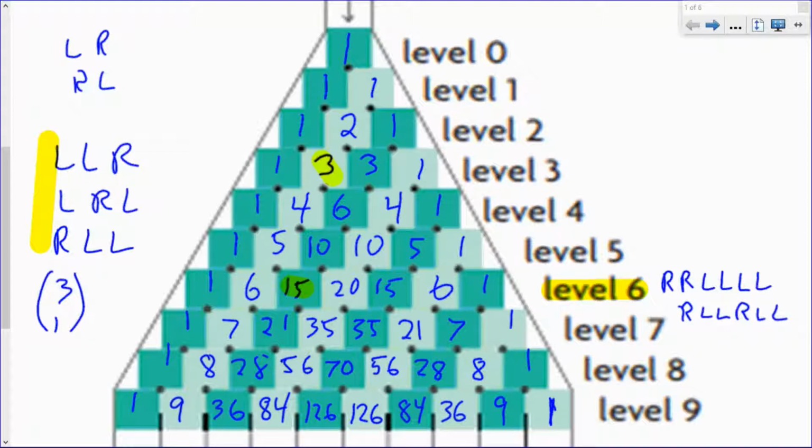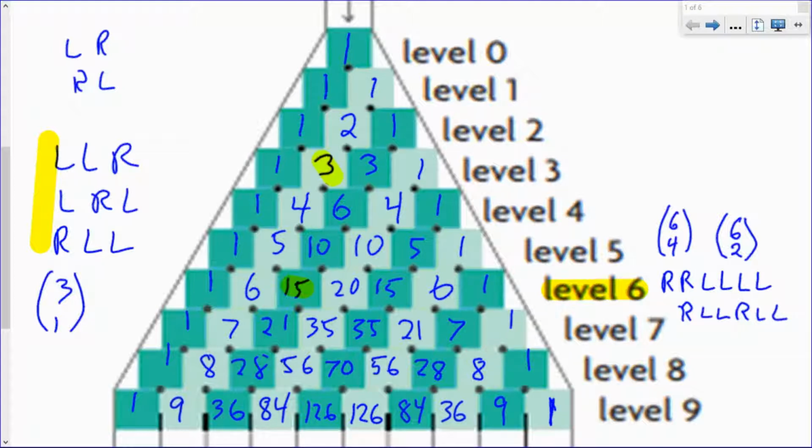So this number 15 is actually 6 choose 2. Because you're taking these 6 different spaces and you're choosing 2 of them to be right turns and the rest are all left turns. You could also look at it as 6 choose 4. You're making 6 turns and choosing 4 of them to be left.